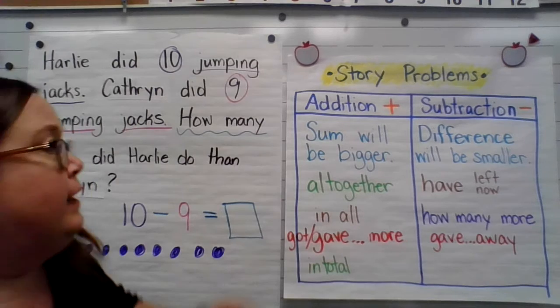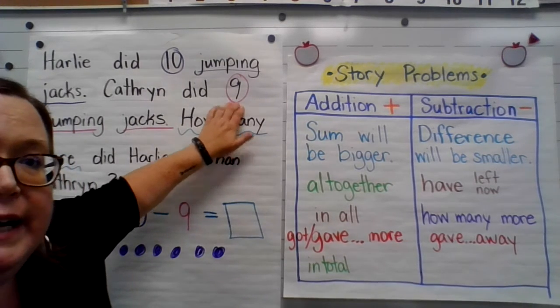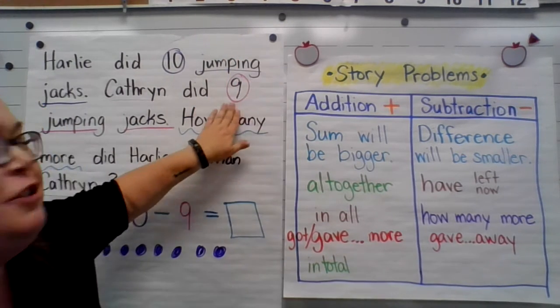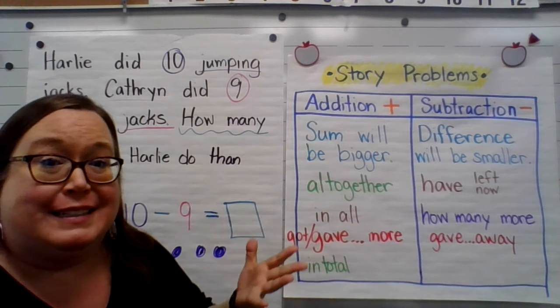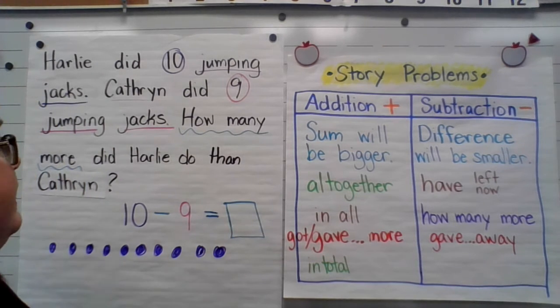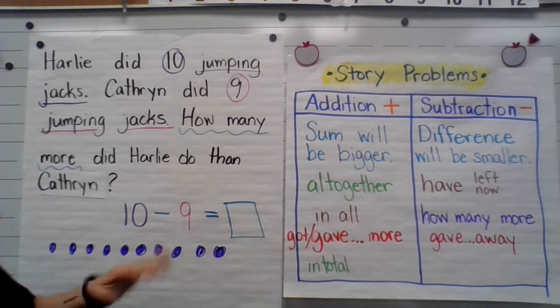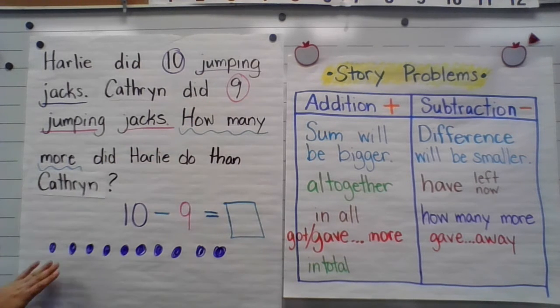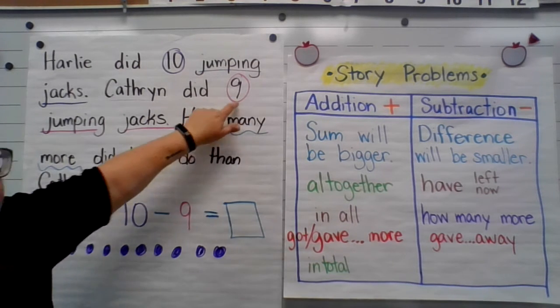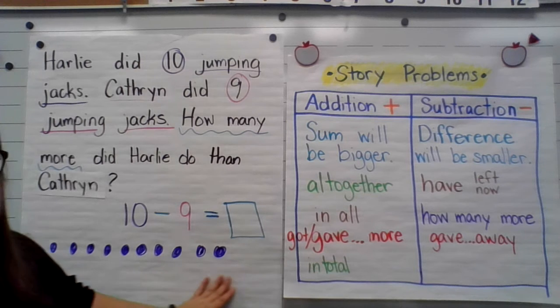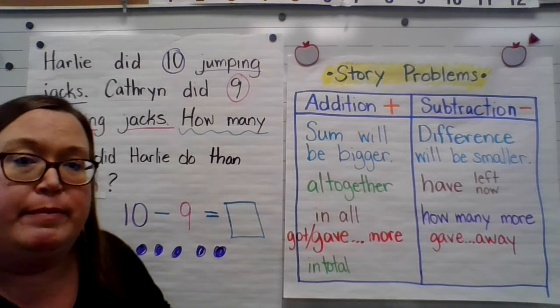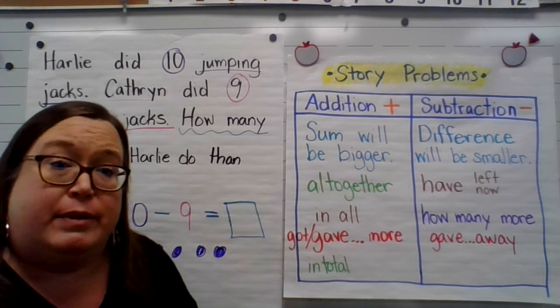Now I need to draw the 9. I'm not going to draw jumping jacks. I'm going to draw 9 dots because that'll be easier. Now, because I'm comparing the two, I'm going to draw my 9 dots right here with the 10 dots, okay? Because I'm comparing the two. Some of them are going to be the same.